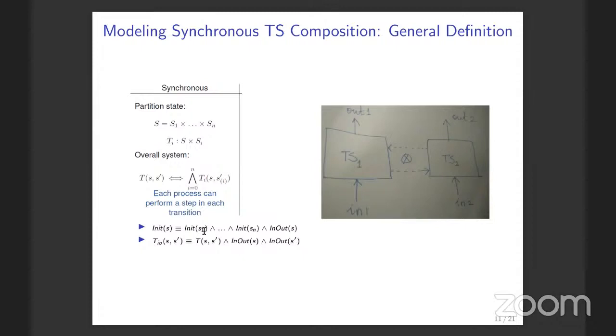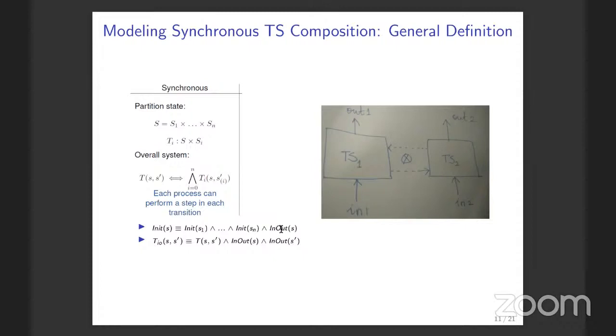And since some of these things will be repeated, like in this case, for example, reset was there in the environment transition system as well as the mod counter, if you use that convention, then you will have to constrain those two resets to be the same.